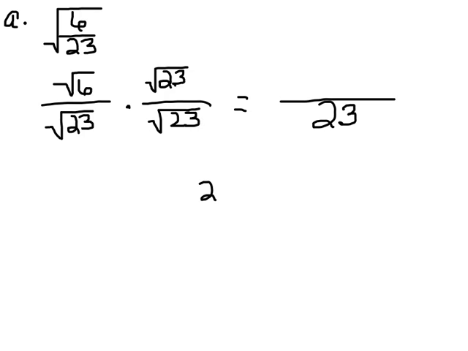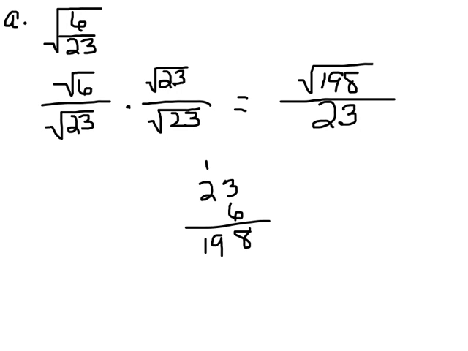On the top, 23 times 6 is 192. I'm sorry, 198. So we have the square root of 198 over 23. Sorry, I made a mistake there. It is not 198. It is 138.